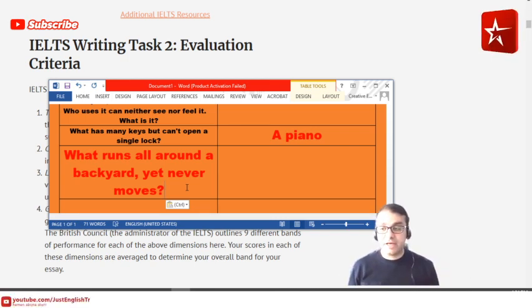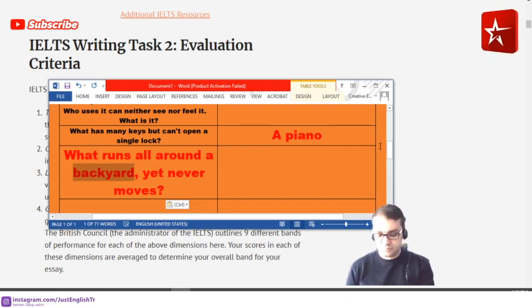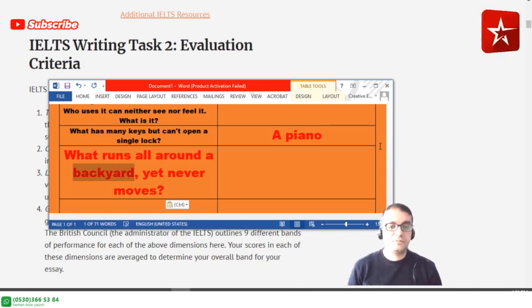Look, the keyword here is backyard. What does backyard mean? Who knows? What is the meaning of backyard? Who can give me the meaning of backyard here?